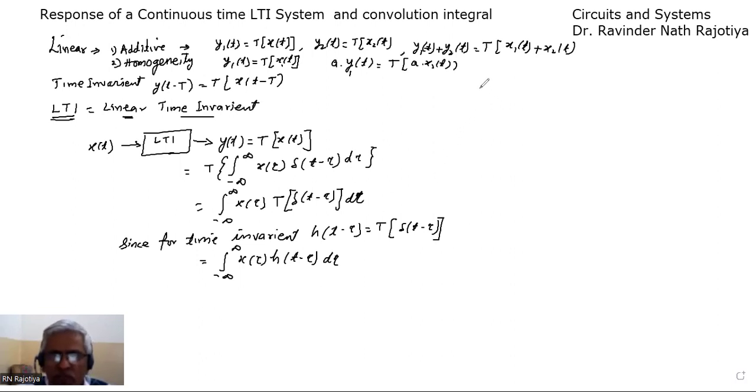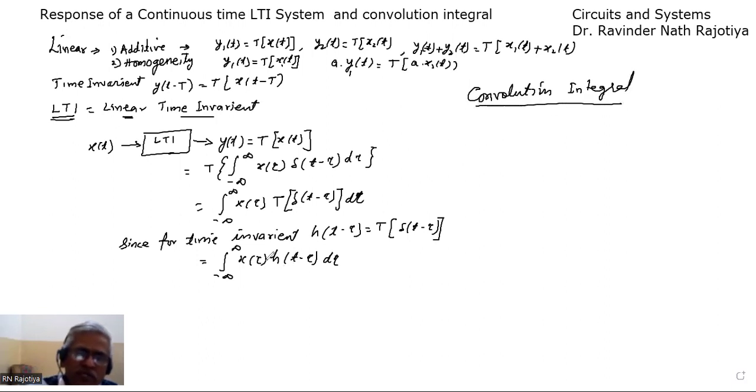Now, what is the convolution integral? We can also write this as the integral from minus infinity to plus infinity of h of tau into x of t minus tau d tau.